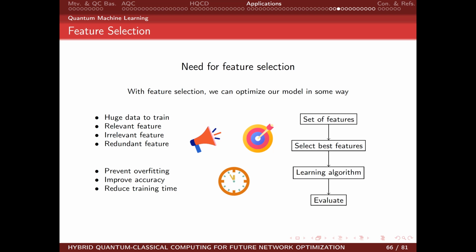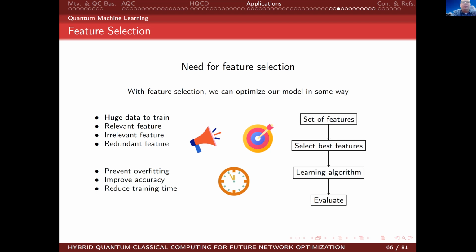But if we only keep a very few features, the machine learning model may have very bad performance. So we need to balance the number of features so that we can save training time and at the same time have good performance.